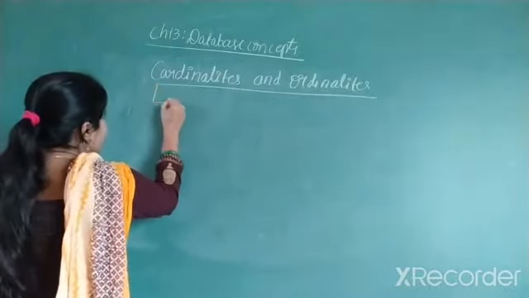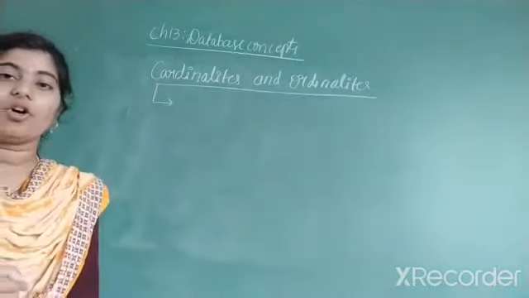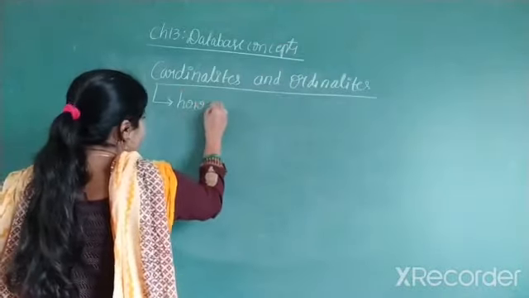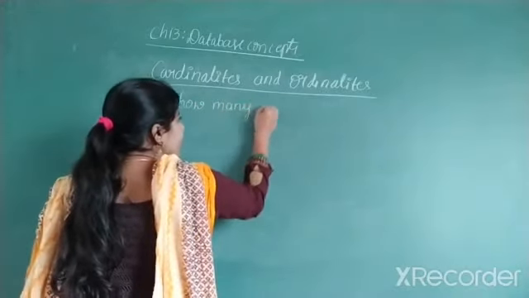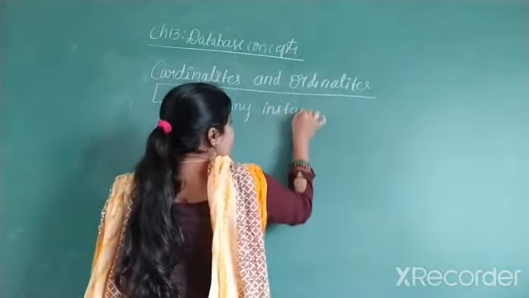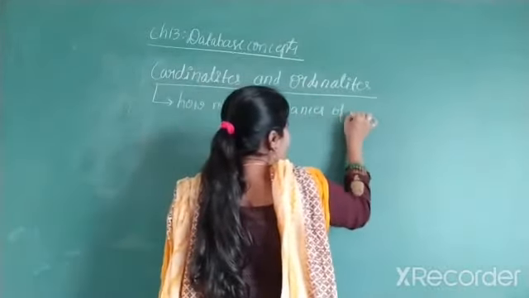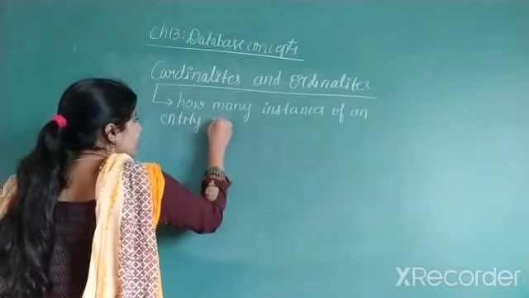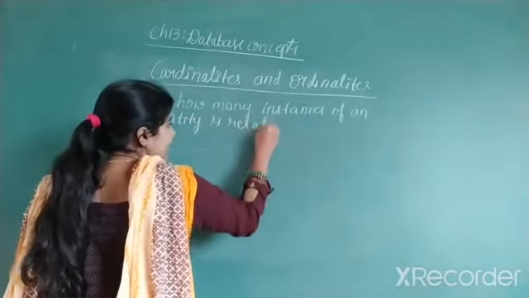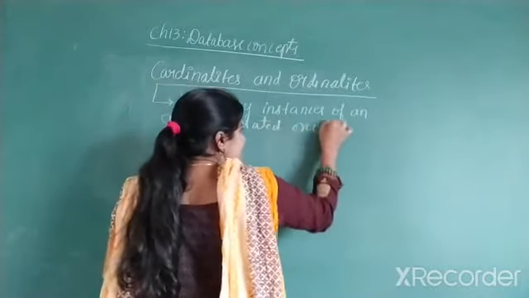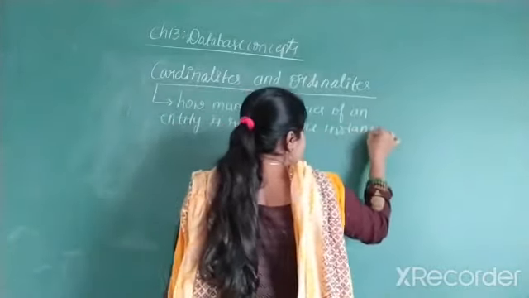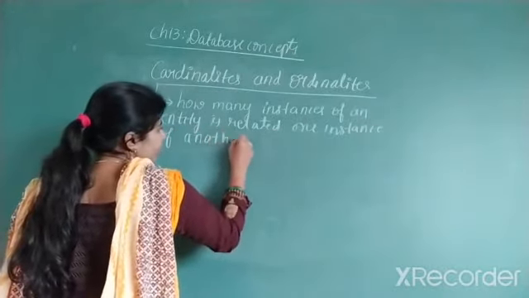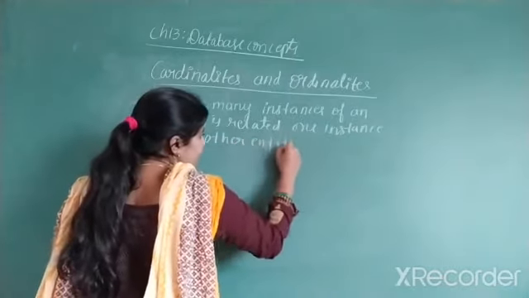Cardinality defines how many instances of an entity are related to one instance of another entity.